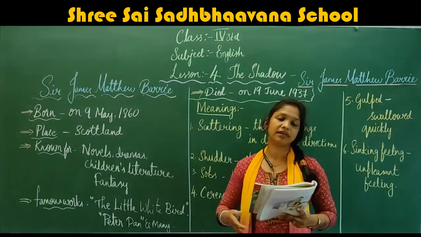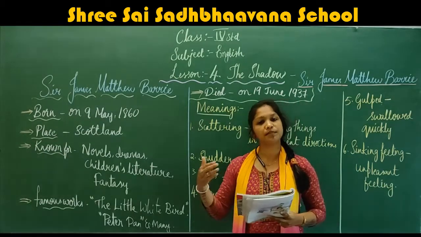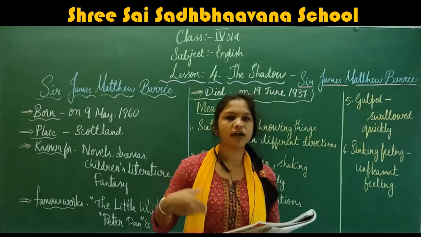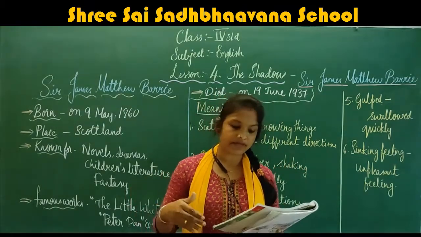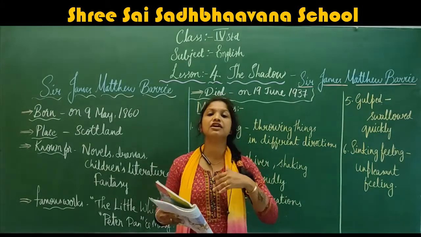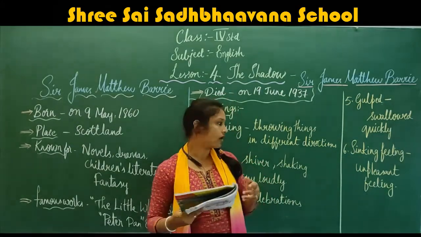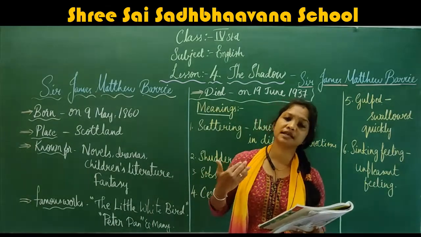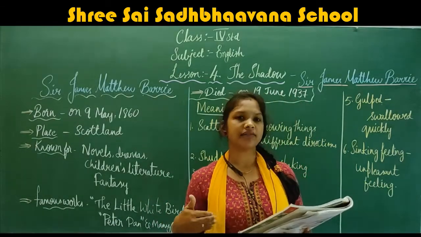And he will start to praise himself, saying, oh, I am very clever and I have got my shadow by myself, and he will cry rapturously. He will cry means he will shout in a loud voice. He will start to praise his own cleverness.